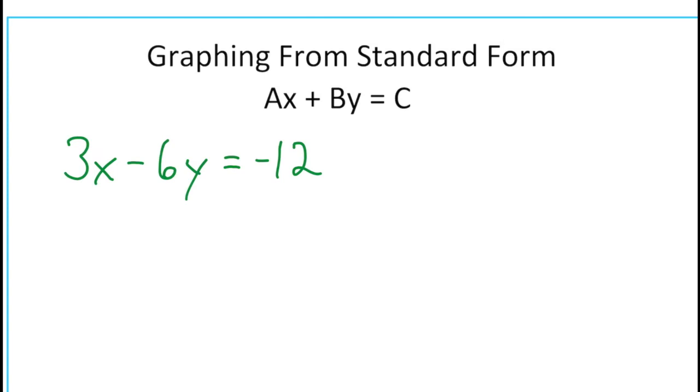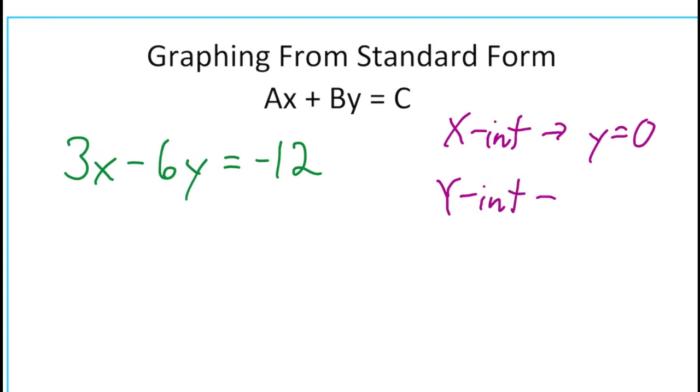So you might remember that if you want to know the x-intercept, then that means that your y value equals 0. If you want to know the y-intercept, then that means your x value equals 0.